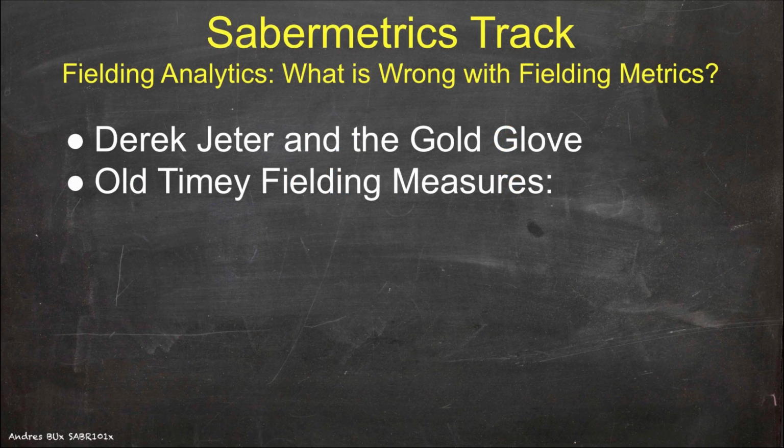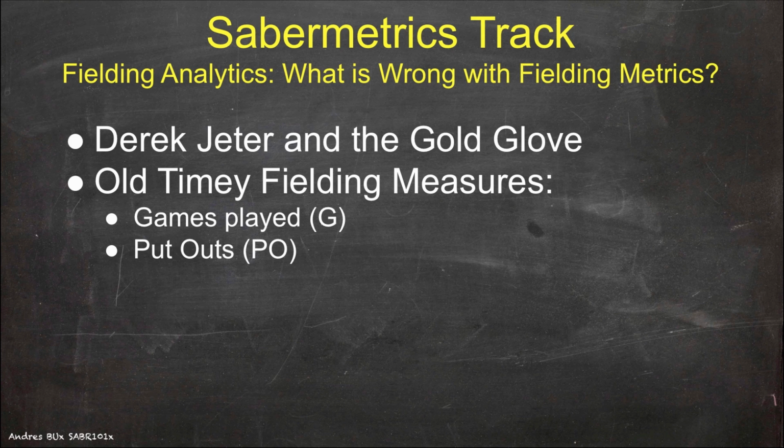So let's continue our look at traditional fielding metrics by reviewing what we've covered so far. The original fielding metrics were games played by defensive players. Putouts, that we defined as when a defensive player recorded an out, typically tagging, a flyout, or force out.